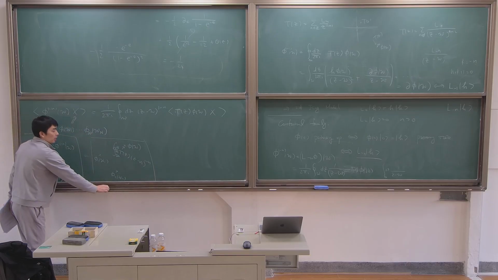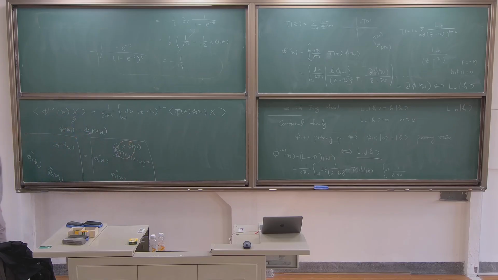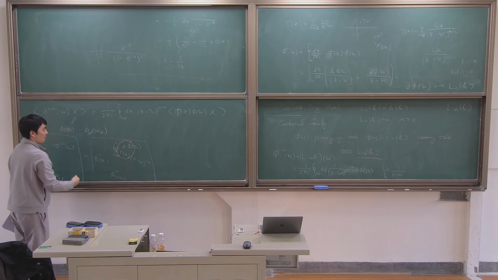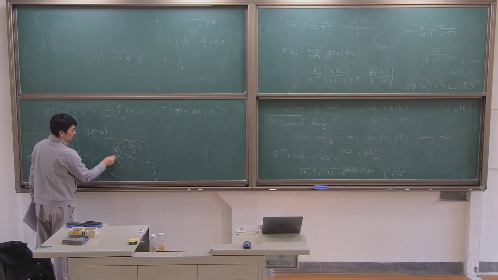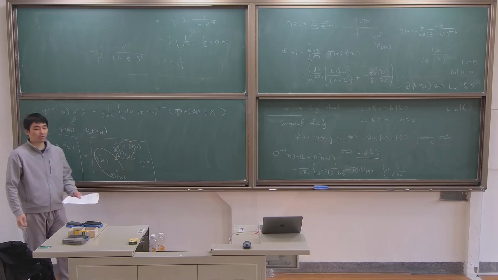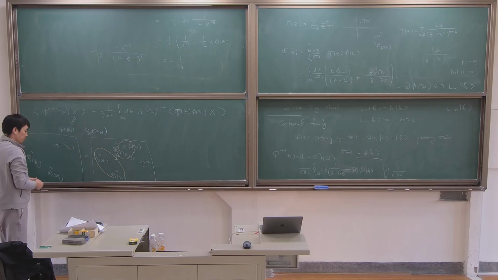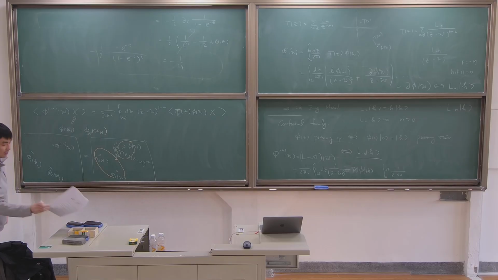And then the contour ordering is something like this way. But this contour can be deformed, go to infinity and come back, the opposite way of doing that, like this way.